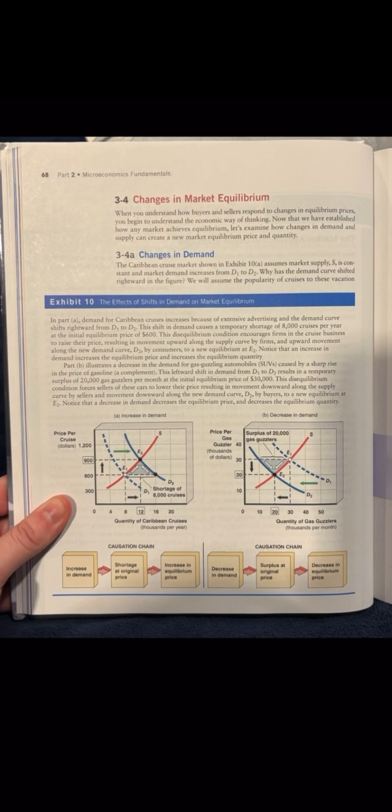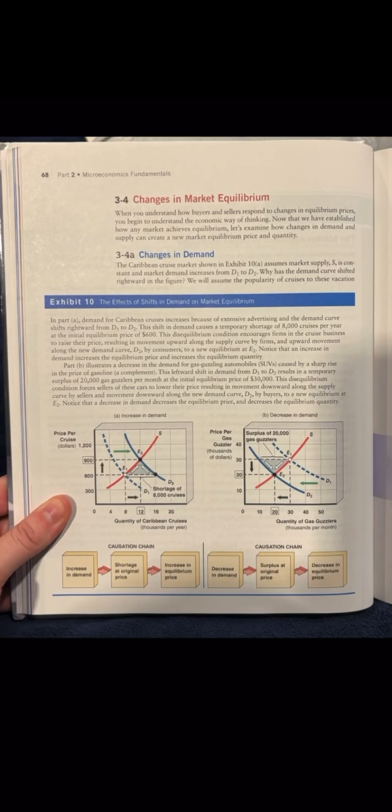This disequilibrium condition encourages firms in the cruise business to raise their prices, resulting in a movement upward along the supply curve by firms, and an upward movement along the new demand curve D2 by consumers to the new equilibrium at E2. Notice that the increase in demand increases the equilibrium price and increases the equilibrium quantity.